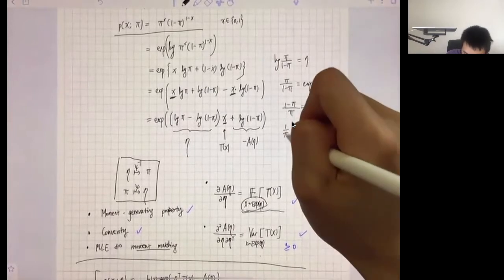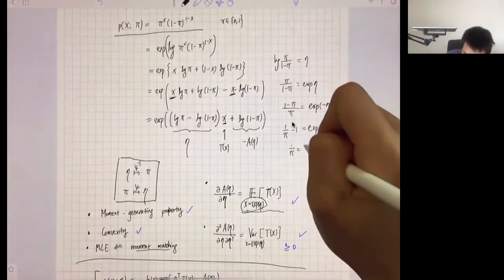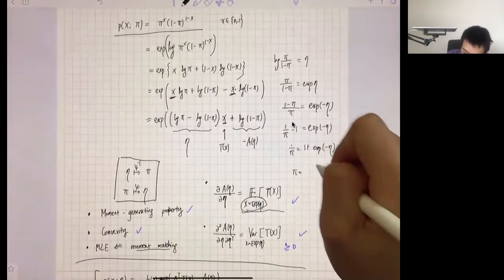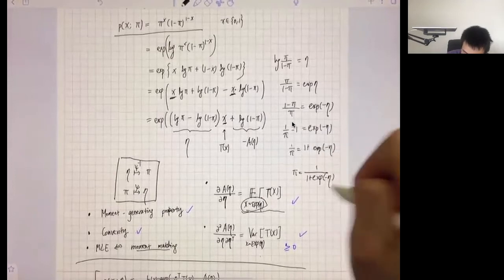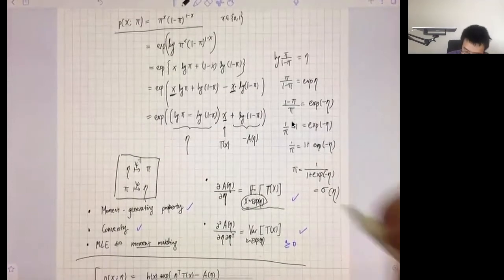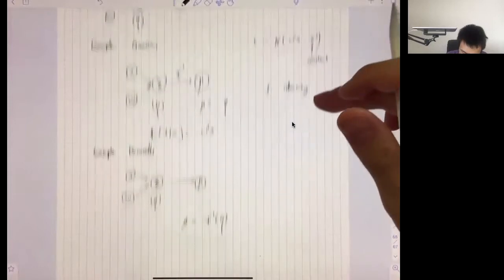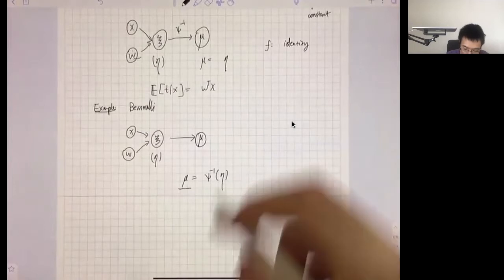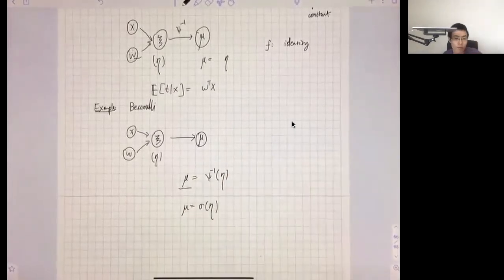And then pi is 1 divided by 1 plus the exponential of minus eta, which is the sigmoid function of eta. So that pi is just the mu, the mean parameter. It's the sigmoid function of eta.